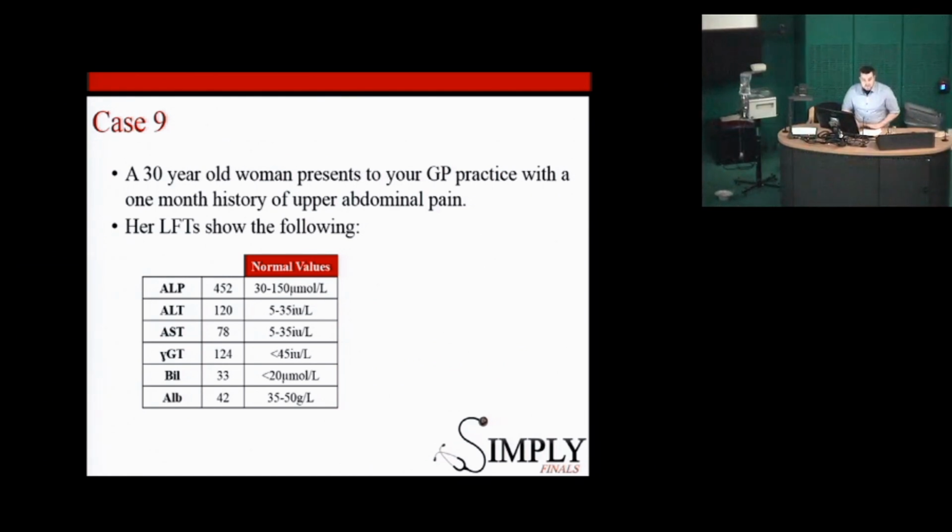Anyone? So what's the biggest abnormality? The ALP is markedly raised. ALT and AST are a bit raised. The gamma GT is also quite raised. Bilirubin is marginally raised. The albumin is normal.